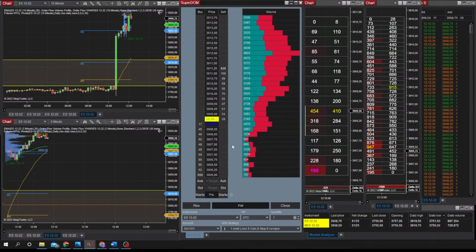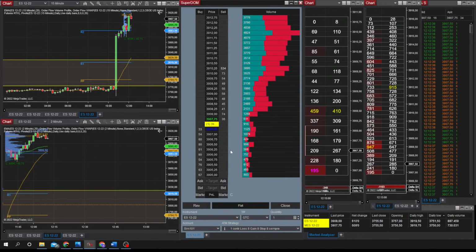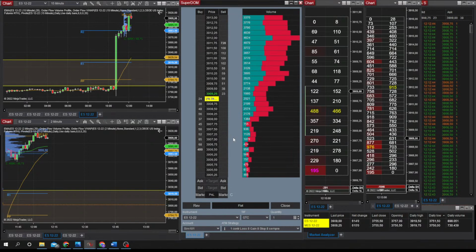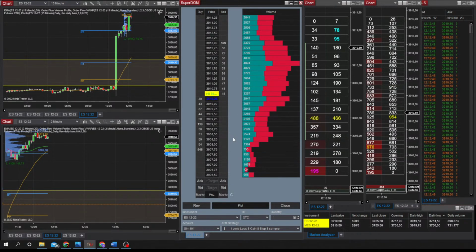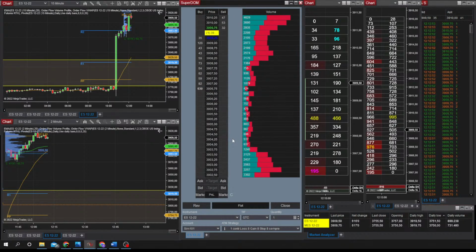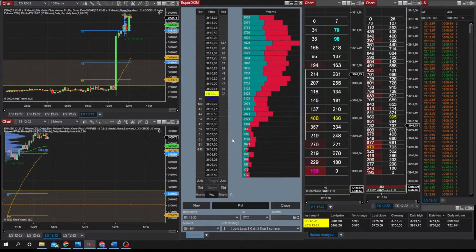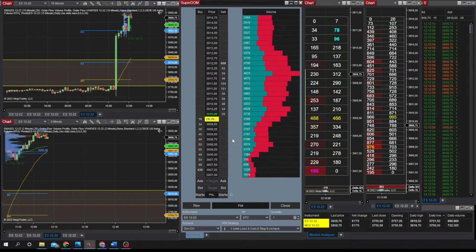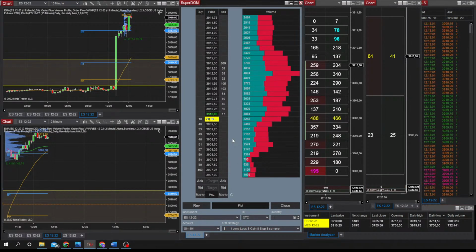It can respect it, sure, but this time it becomes dangerous to try to buy here. Even though it obviously can work, for a scalping trade it would not be good.